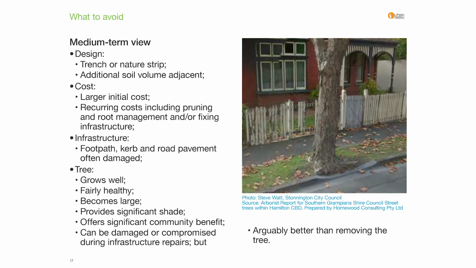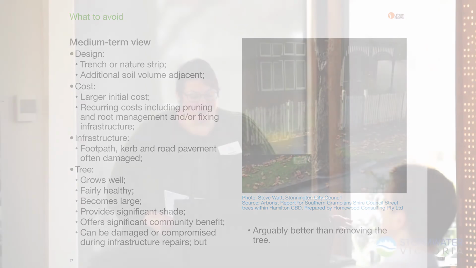So the medium-term view, and I think this is where most of the people in this room are hedging their bets, is to design the site so that the roots grow out of the soil in the cutout and into the soil surrounding it. The tree grows well, is pretty healthy, but there are associated problems with the infrastructure. It's a larger initial cost, and there are usually recurring costs associated with fixing that infrastructure when damage inevitably occurs. However, the community and amenity benefits are significant.